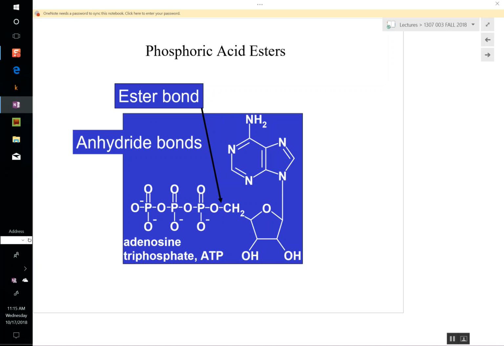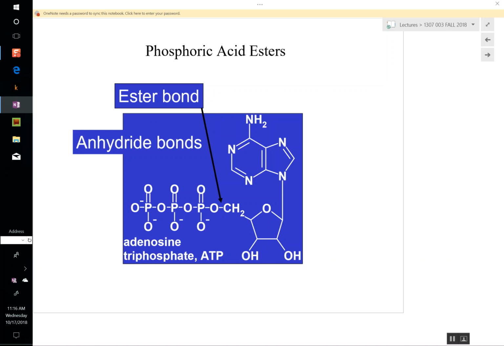This portion right there is a nucleotide. That would be the adenosine nucleotide that would be used to build up DNA, in this case RNA. You can tell it's RNA because there's an OH right here, I think. At any rate, that base is part of DNA.